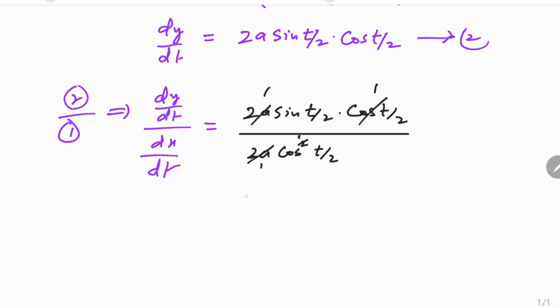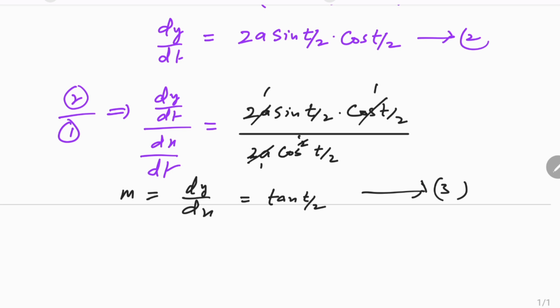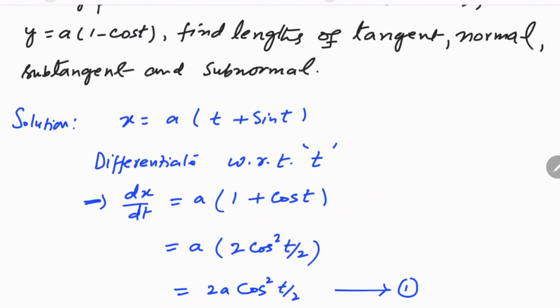The final answer left is sin by cos, which means tan t/2. This is the derivative dy/dx, which you can call the slope m, taken as the slope of the tangent.